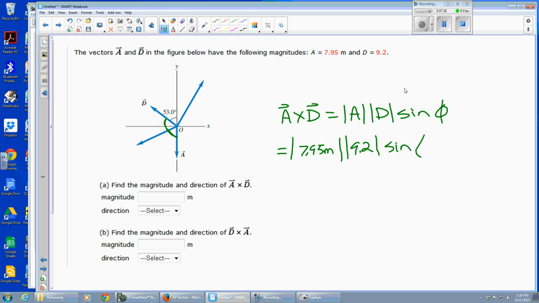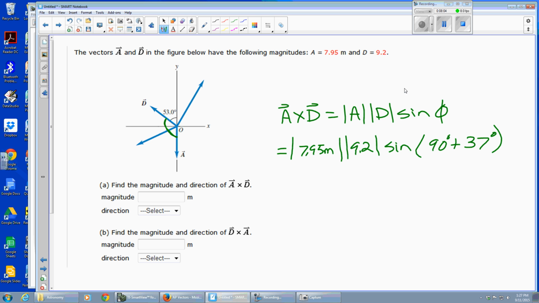Now, another way to think about this is the component of D that is perpendicular to A. That's what the sine is trying to get me. In this case, the direct angle between them is going to be 90 plus, let's see, 90 minus 53 is 37. So 90 degrees plus 37 degrees is my angle between them, right?